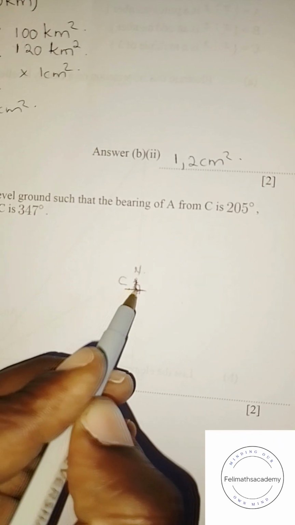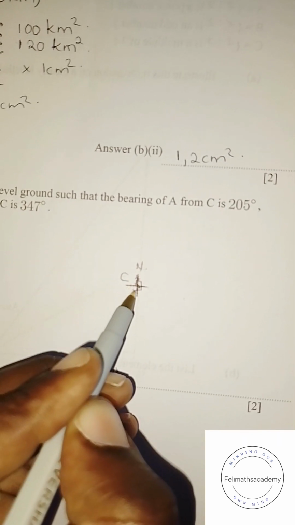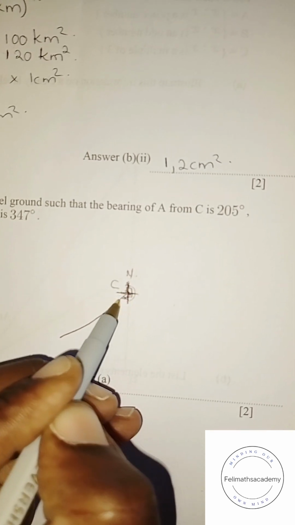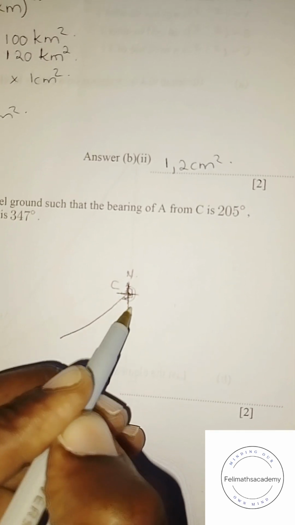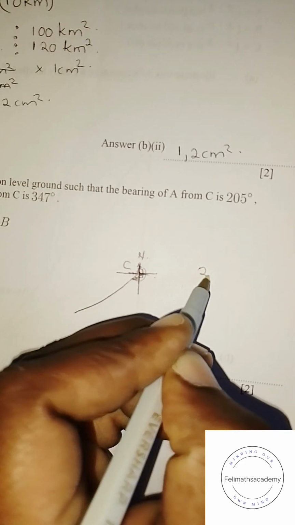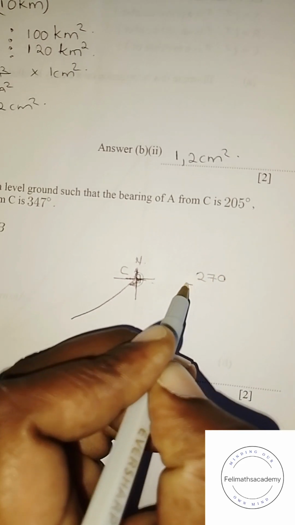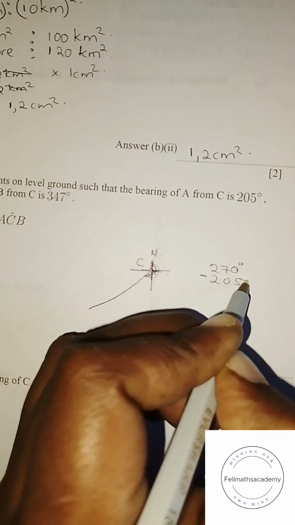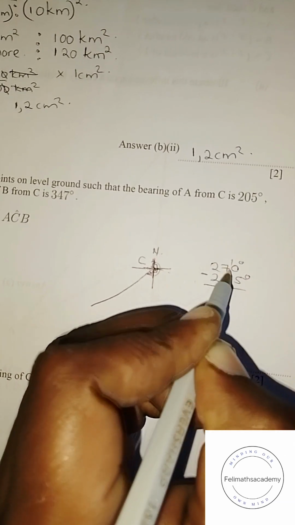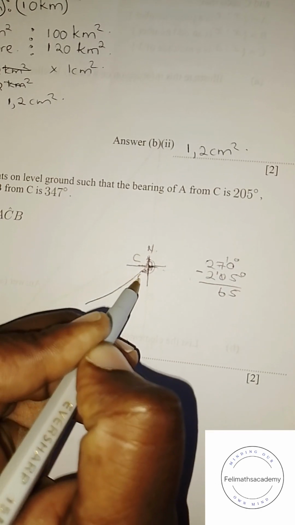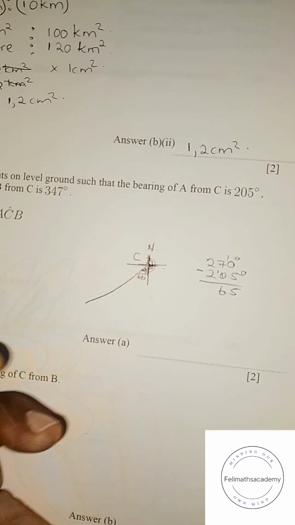So this is 270. To find this angle, we subtract 270 degrees minus 205 degrees. So we get 65. So this angle is 65 degrees.